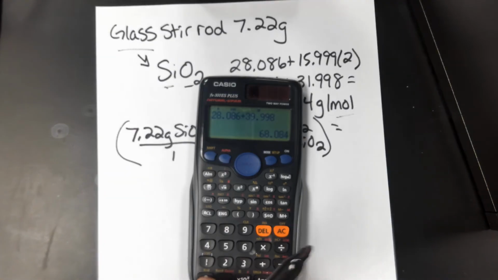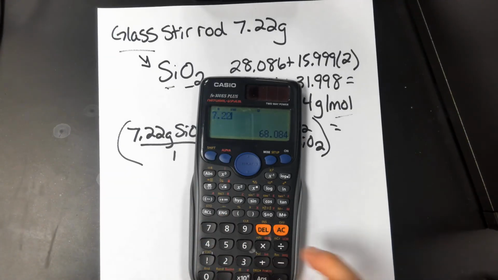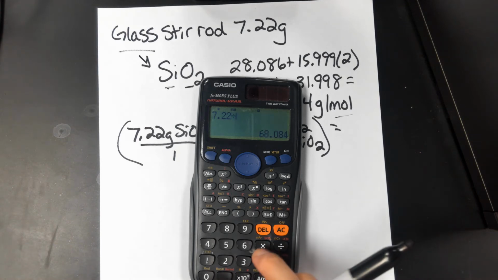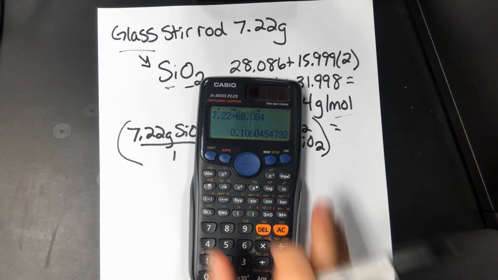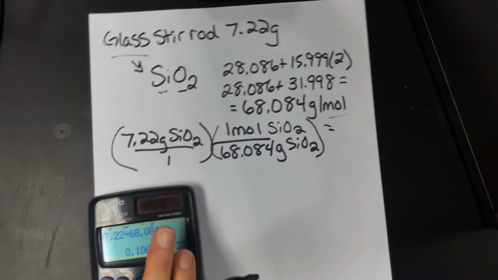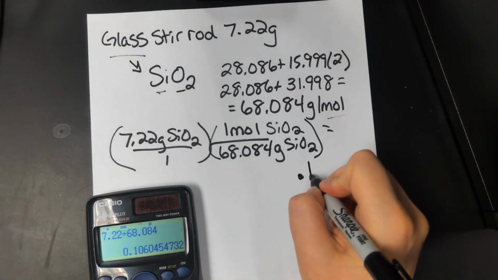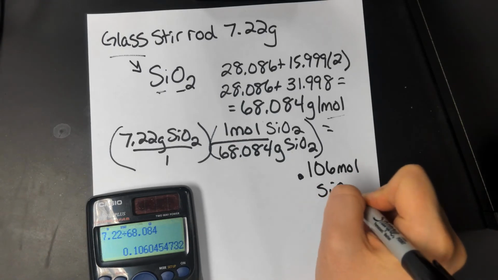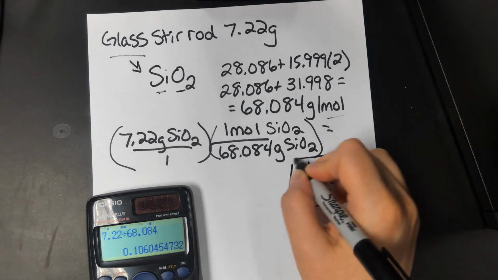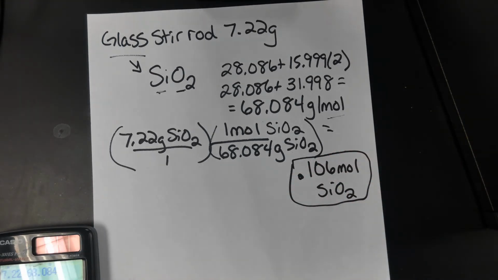So 7.22 divided by 68.084, I get 0.106 moles of SiO2. Right?